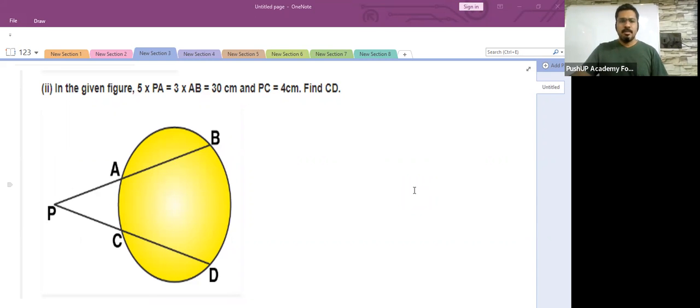What is the answer? Freddy is saying 24. Okay. How much? 28. Then Harini is saying 24. How much you're getting, Sean? 20. 20, 28, 24. Okay. Maria, what about you? Solving it.